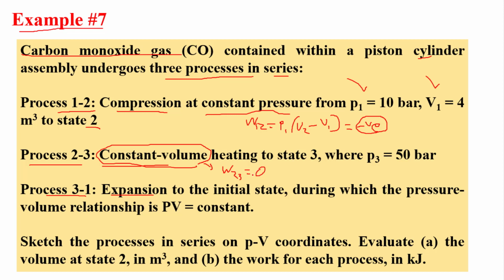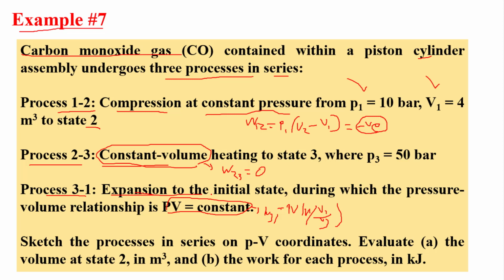Now the expansion, and we have an isothermal relation. Then work 3 to 1 equals PV ln V1 over V3.